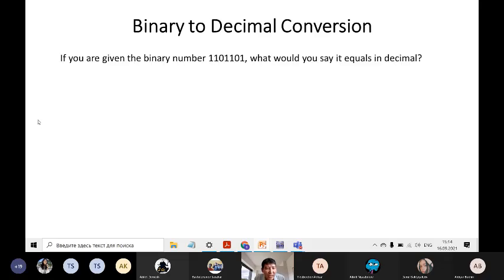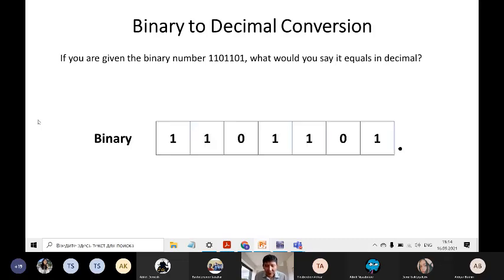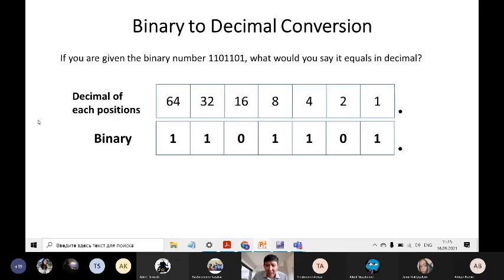For example, you're given the binary number 1101110. What would you say it equals in decimal? So when I do it by hand, just without calculator, just write down. For example, we can write down some boxes. It will be very convenient to do. So next, write down on the top the place value.